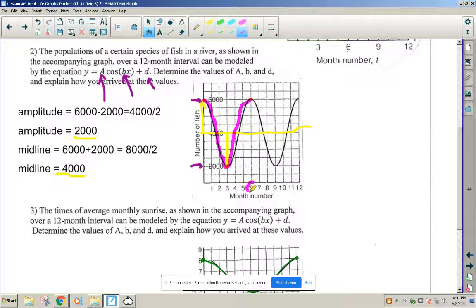That tells me that it took 6 months for a full rotation. And at 12 months, I now have 2 full rotations. But this now is giving me my period. I don't want that one. All right. This now is giving me from here to here. This is where I have my full rotation. So this here is my period, which is 6 months.